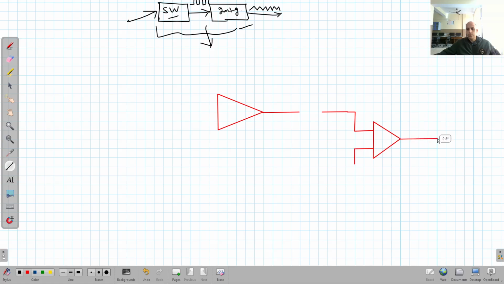This is the output of the integrator. This is the path for feedback through a capacitor.